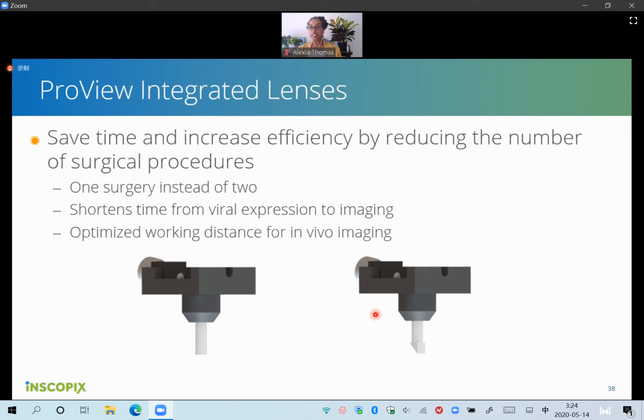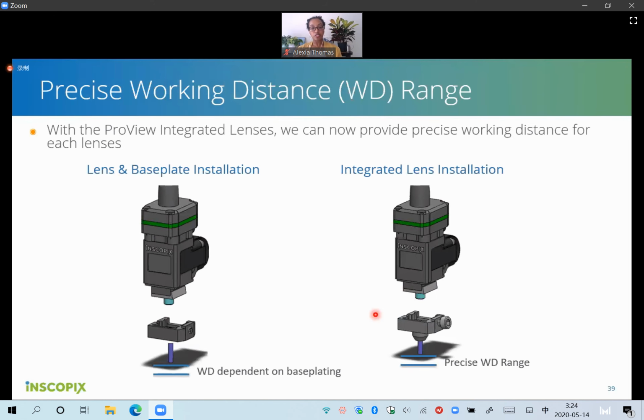The other really key benefit here is that we optimize the working distance for in vivo imaging. And I'll go through that a bit more. As Alexia mentioned, base plating becomes a key step because while quite often we just say it's a docking station, it's really also a point in the surgical workflow where you determine the optical path.